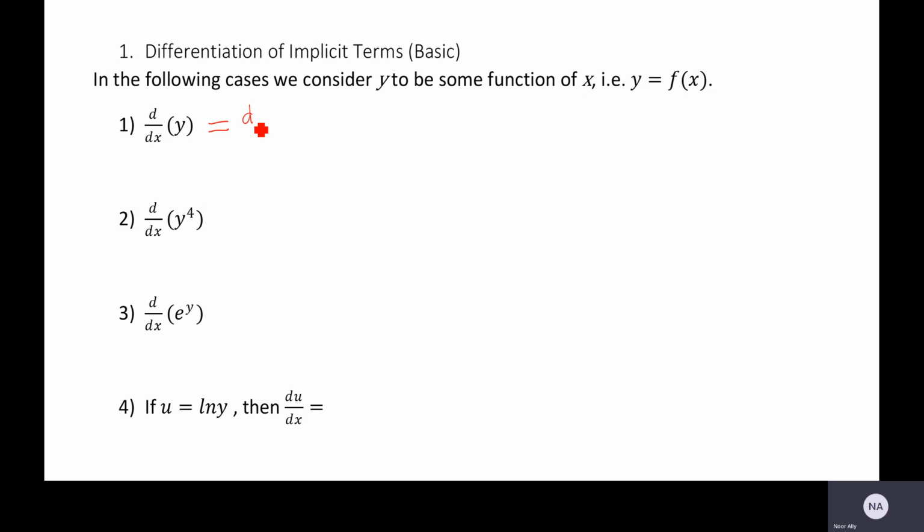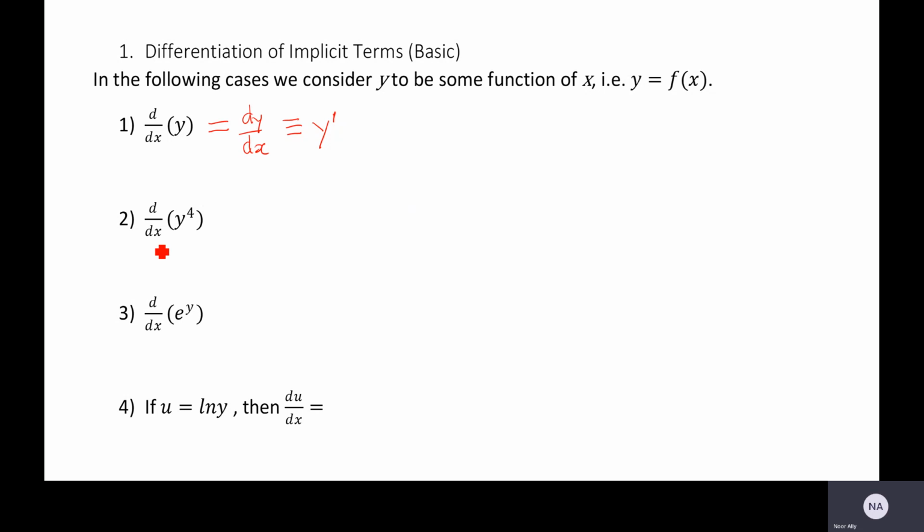We can use the syntax dy dx, or y prime, or any of the others that we're familiar with. So whenever we differentiate y in implicit functions, we will immediately write dy dx.